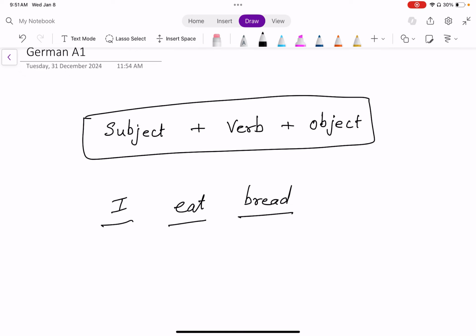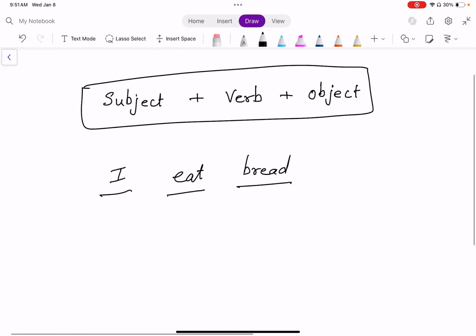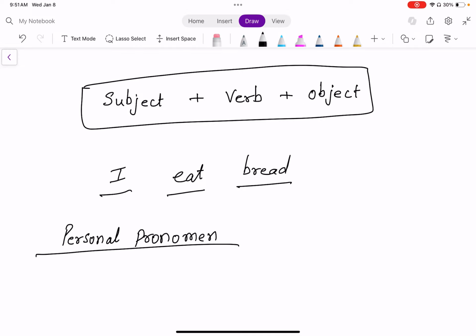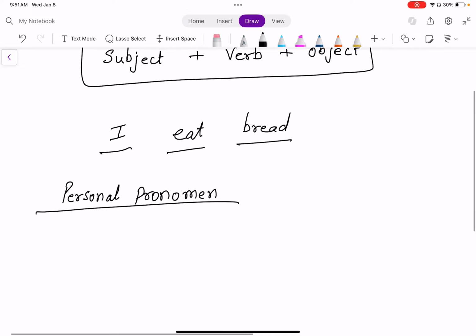So the first thing we need to understand is personal pronomen. And remember, I'm writing this word here, which is called nominative.